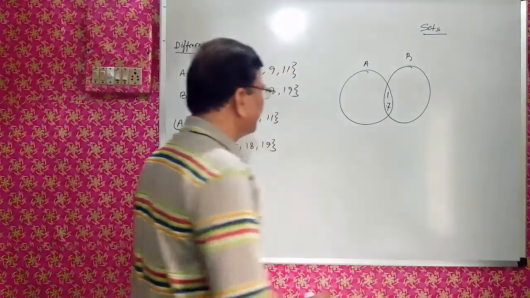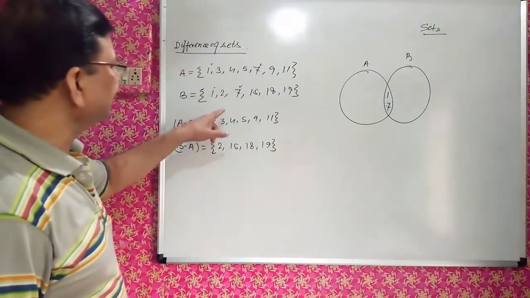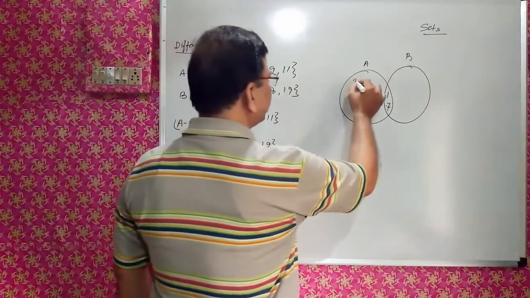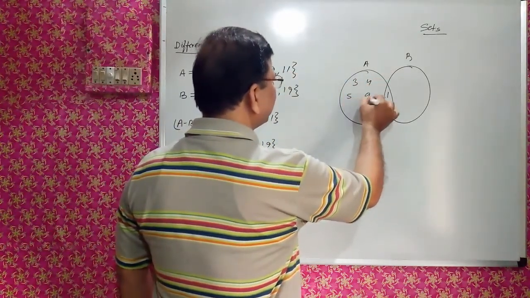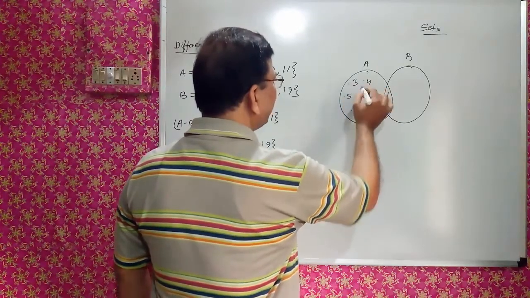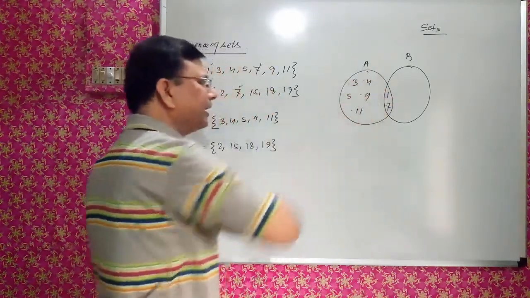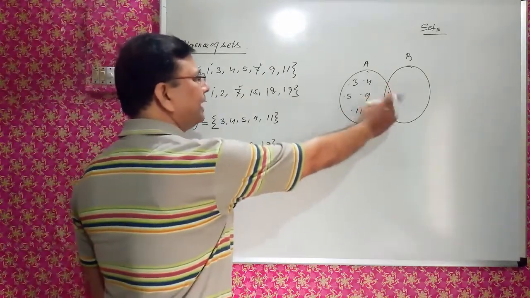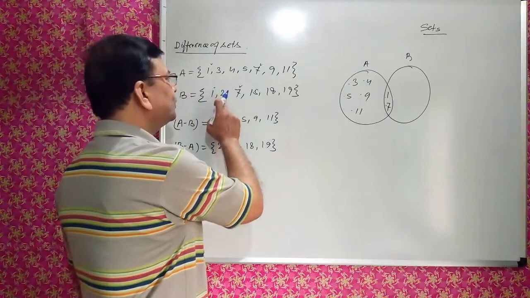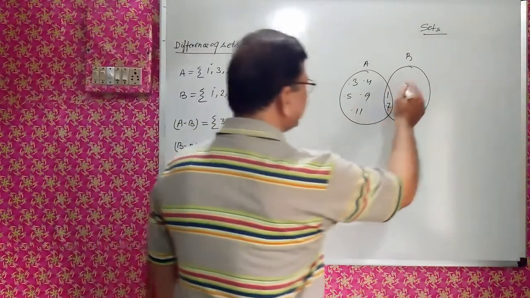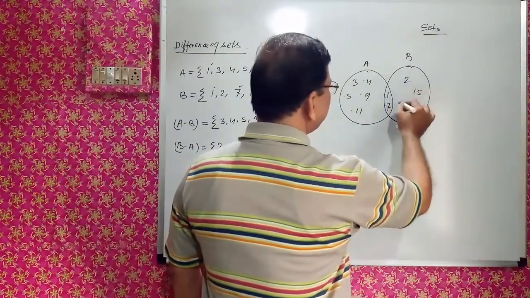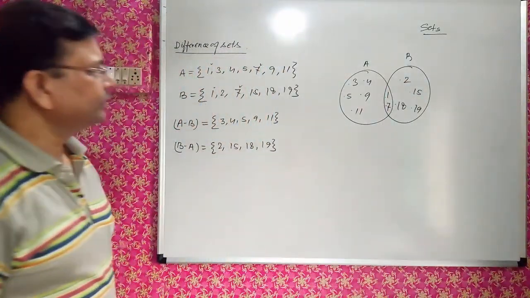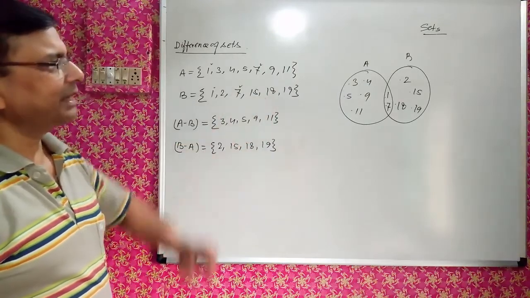These two elements are common. So remaining elements of this are 3, 4, 5, 9, 11. These are the elements of A, remaining elements. Similarly, in B, these are the common elements and remaining elements are 2, 15, 18, 19. So this way, complete all the elements of A and B is there.